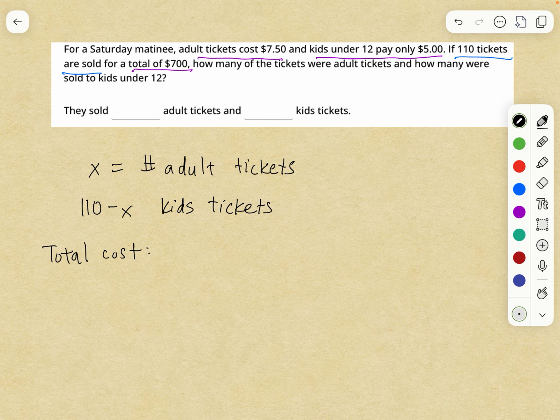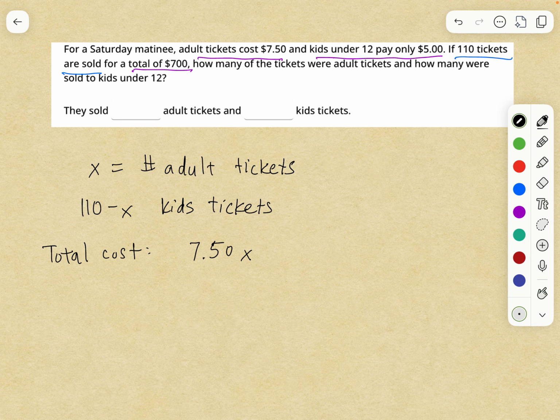Because if you have X adult tickets, and each of them is $7.50, then what do you do to find the total cost? You multiply, right? It's 7.5 times X, which is the cost of the adult tickets.